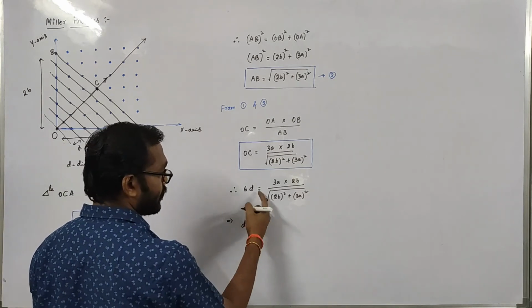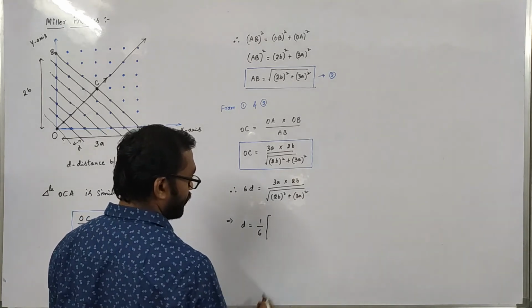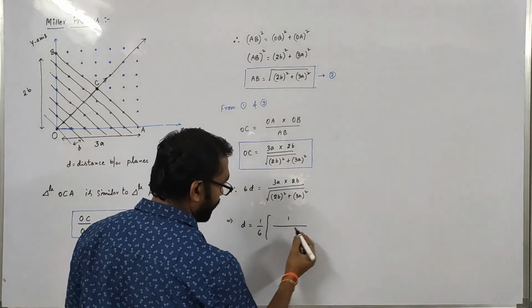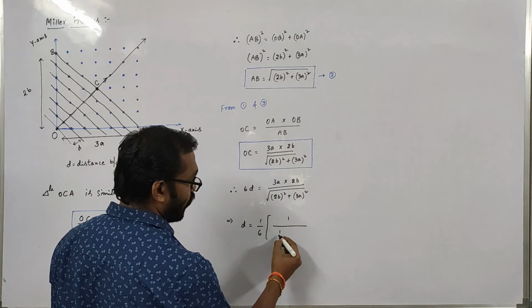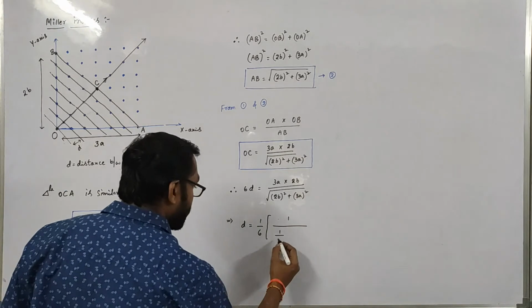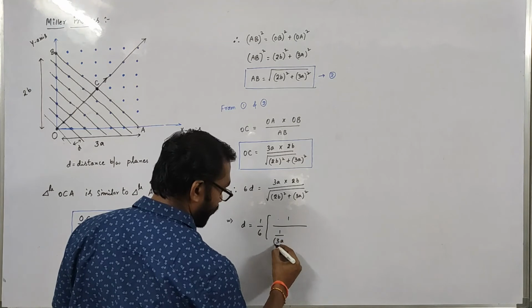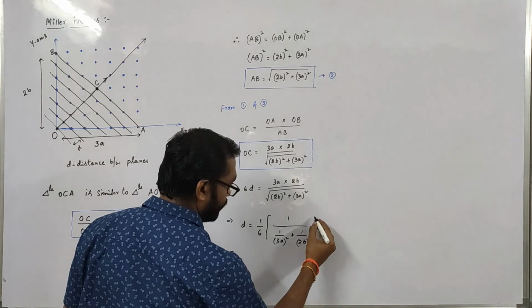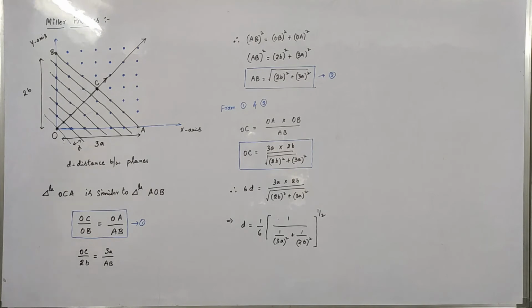D is equal to 1 by 6 into 1 upon 2B by 3A square plus 1 upon 2B square, whole power 1 by 2. Can I write that? Yes, sir. Correct.